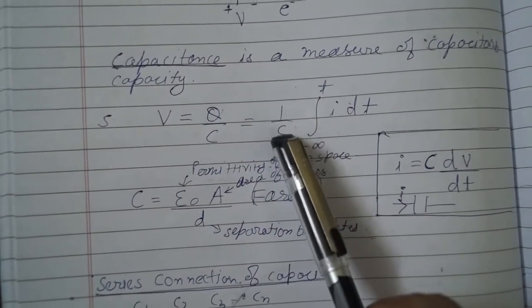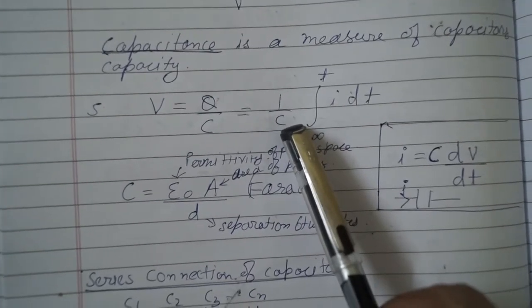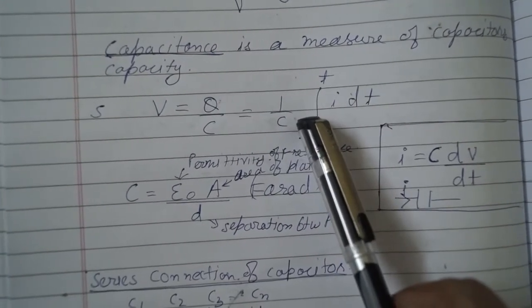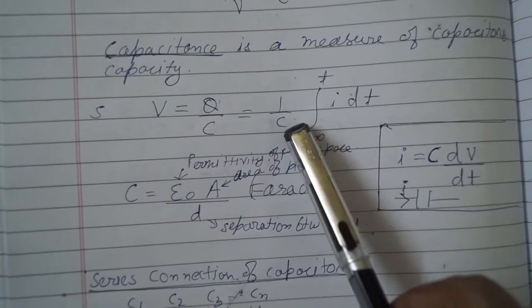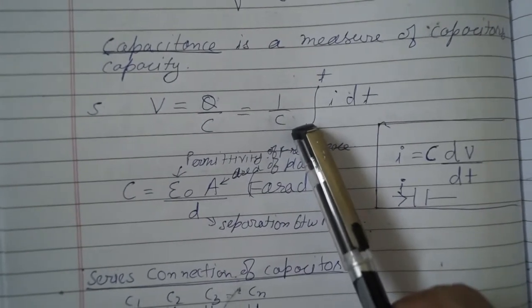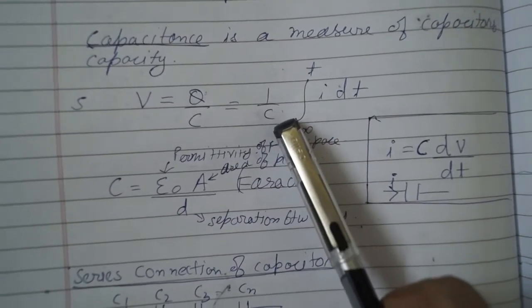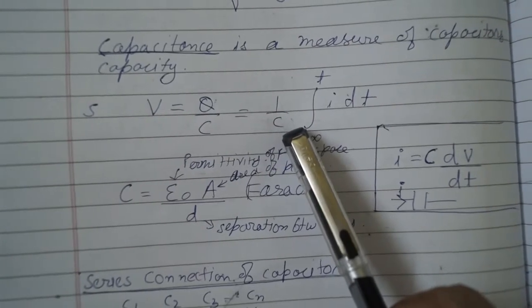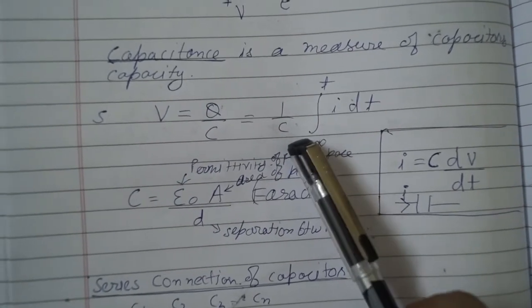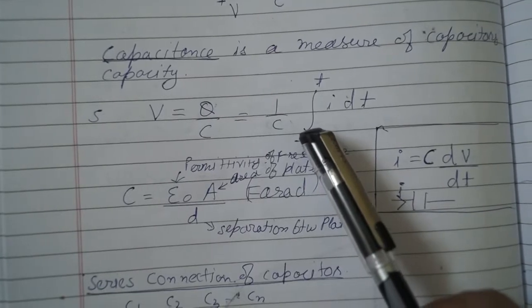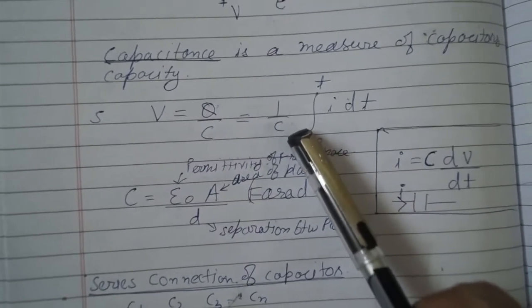C is our capacitor's capacity. It is measured in farad. Farad is a very large unit, so we take microfarad or millifarad, for example 10 microfarad, 1 nanofarad, picofarad.